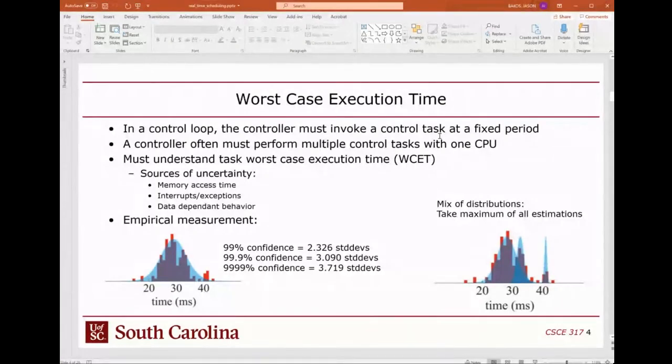You have to interrupt periodically to potentially give an opportunity to switch the CPU to another task. But you also have data coming in, that sensor data that you may have to service, so you can't predict any of that. You just don't know when it's going to happen, and when it happens, it's going to add overhead. And also there's sometimes data dependent behavior, like you get one piece of data from a sensor and you may need more time to process that than another type of data.